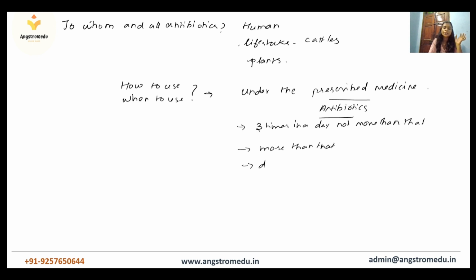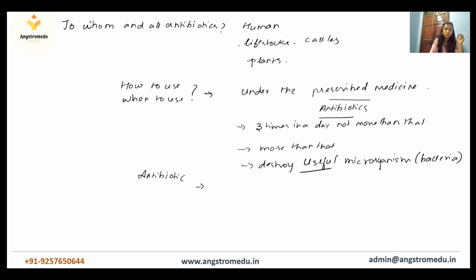It will start to destroy the useful microorganisms, that means the bacteria. So it should not happen, right? Yes. So now we are going to see some examples of antibiotics. We have already seen penicillium.